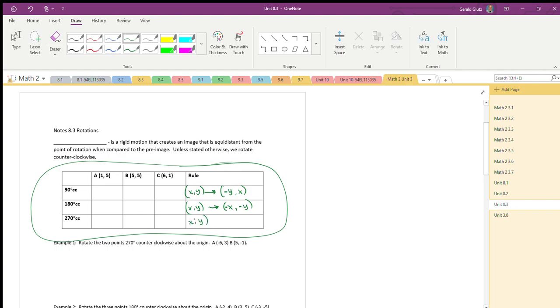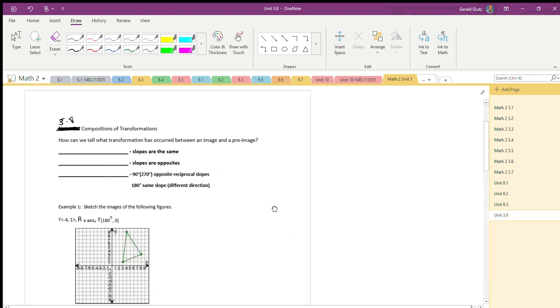And when we rotate 270, again, we switch the order, but this time the second one will change its sign. So for example, if I had 1, 5 and I rotated 90 degrees, it becomes -5, 1. I switch the order, then change the sign of the first one. If I rotate this point 180 degrees, it just becomes -1, -5. It stays in the same spot, but the signs of both change. 270, it becomes 5, -1. So that's rotations.